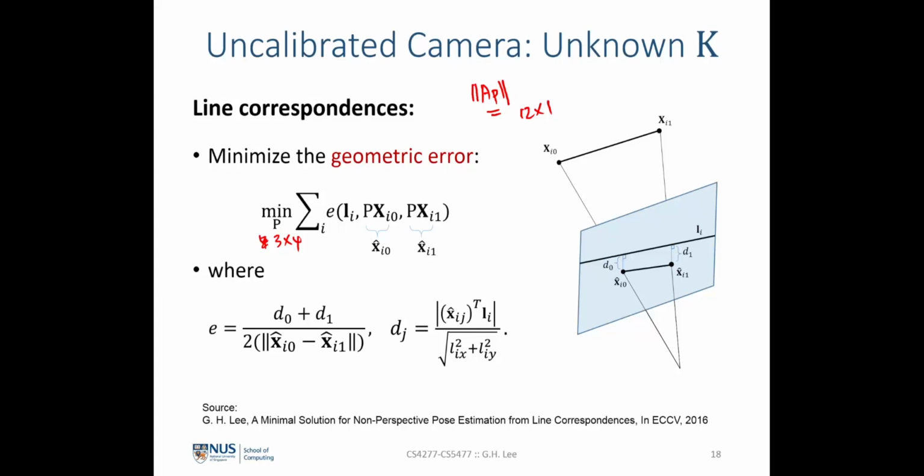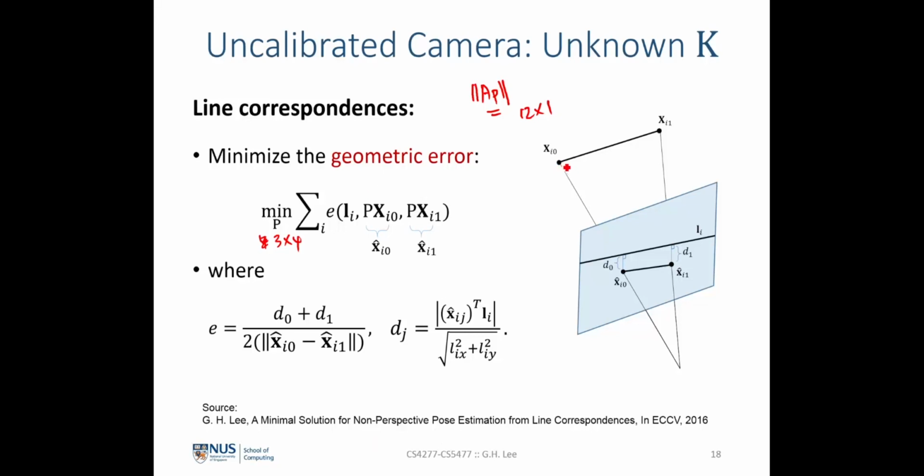So one of the ways to define the geometric error is given by a paper which I published a few years ago at the ECCV. Specifically, this geometric error can be defined as follows.